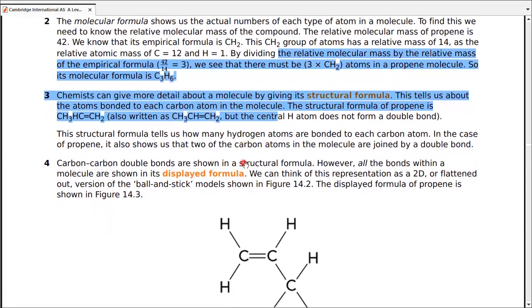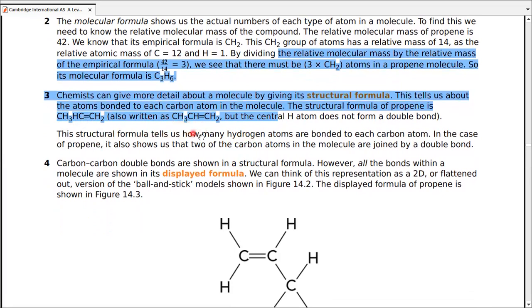Moving on. Number 3. Now we get a lot better detail by having the structural formula. This gives us the details about bonds, how each carbon atom, or really any atom in the molecule, is bonded. So the structural formula gives us the idea. Now, he has considered the structural formula in two different ways.